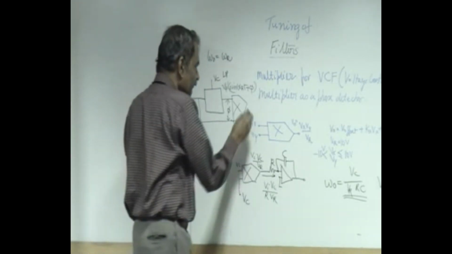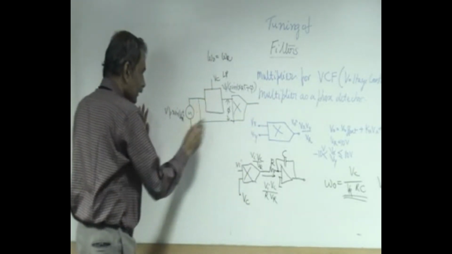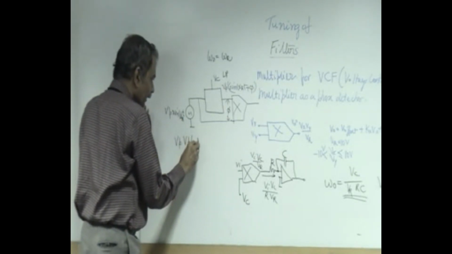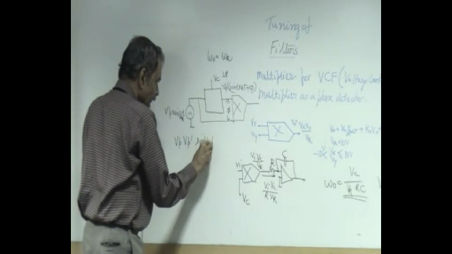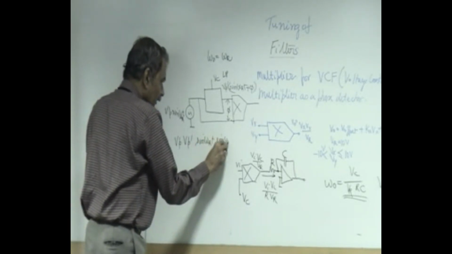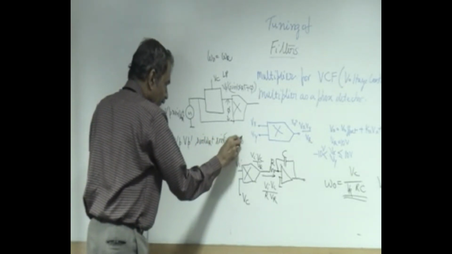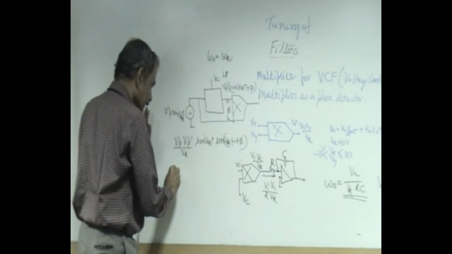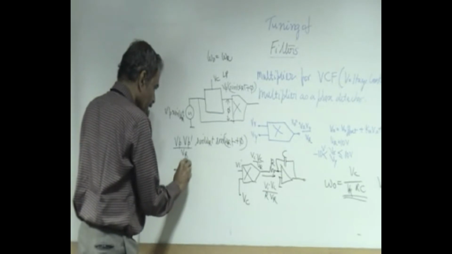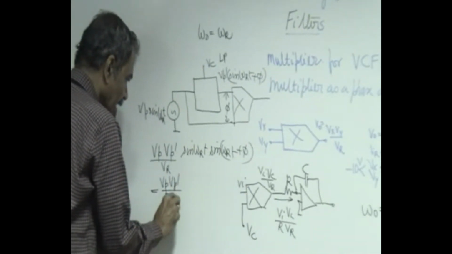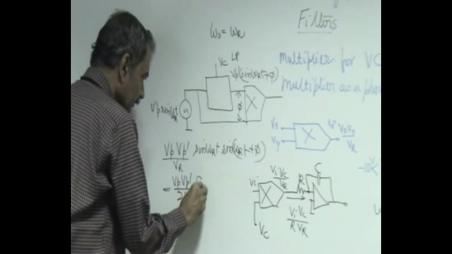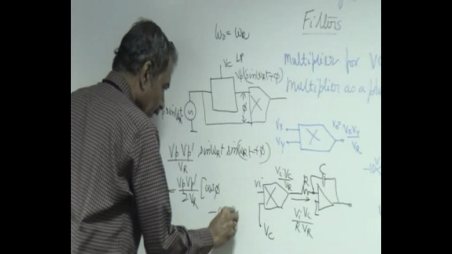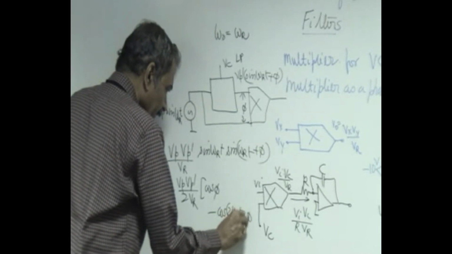And how do we get the information? The multiplier output is Vp sine omega r t times Vp dash sine of omega r t plus phi, divided by Vr. If you expand this, it equals Vp Vp dash by 2Vr times cos phi minus cos of 2 omega r t plus phi.